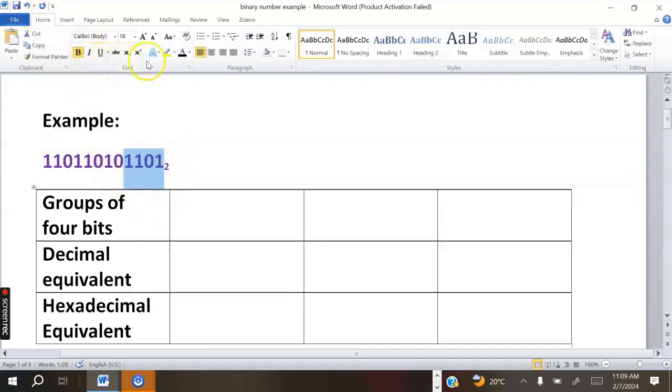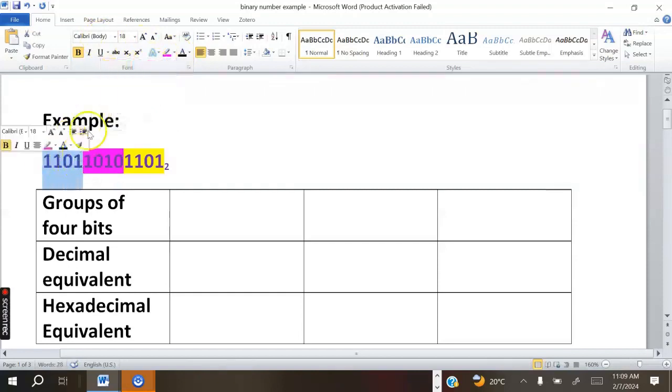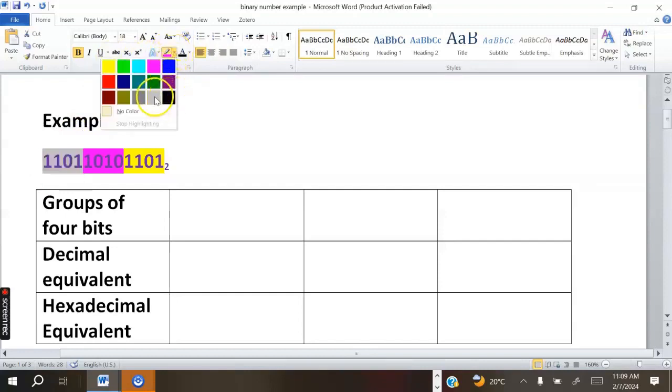So we have the first bunch. Maybe we can give this a different color. Then we have this one, another group, another color there, and lastly we have this one. Okay, give it a different color. So what we have done, we have arranged the work in a group of 4.